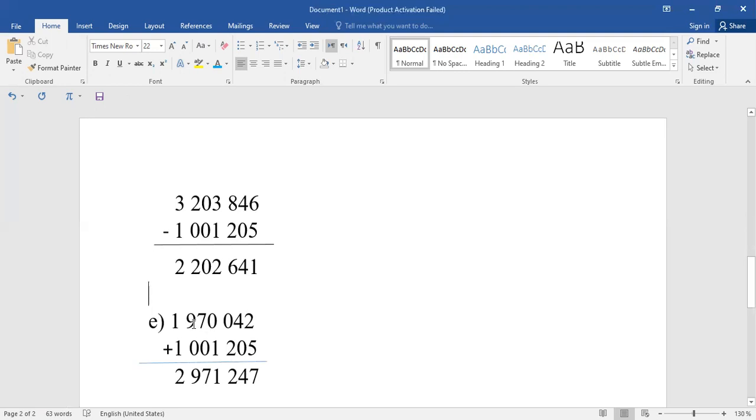So here I just write down the population of Peshawar and then the population of Quetta, and I'm going to add them. 5 plus 2 is 7, 4 plus 0 is 4, 0 plus 2 is 2, 0 plus 1 is 1, 7 plus 0 is 7, 9 plus 0 is 9, and 1 plus 1 is 2. So 2971247, these are the number of people living together in Quetta and Peshawar.